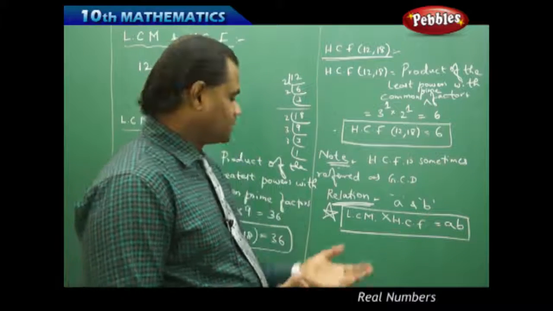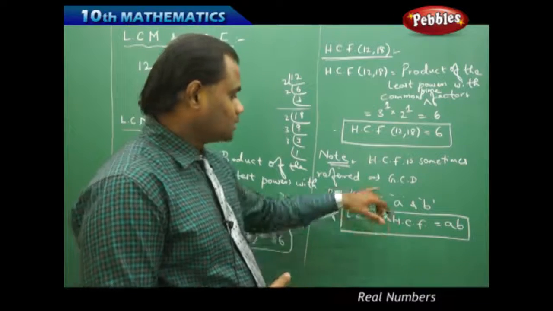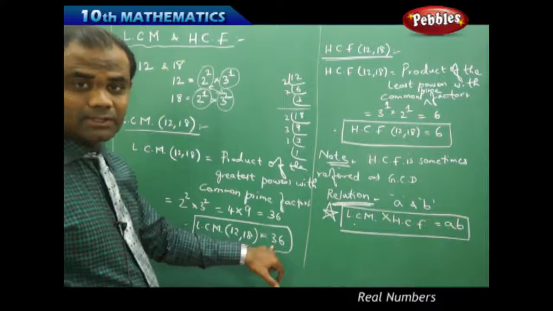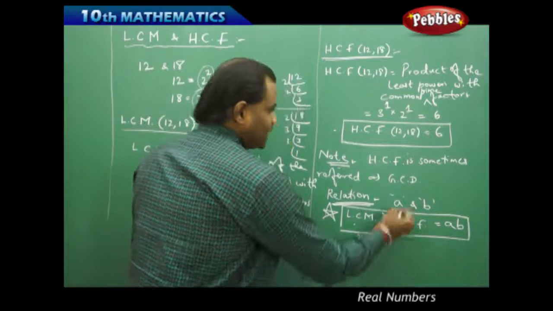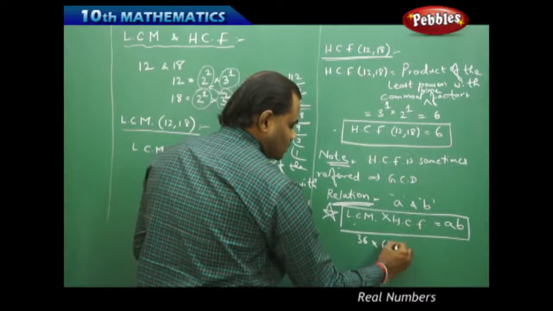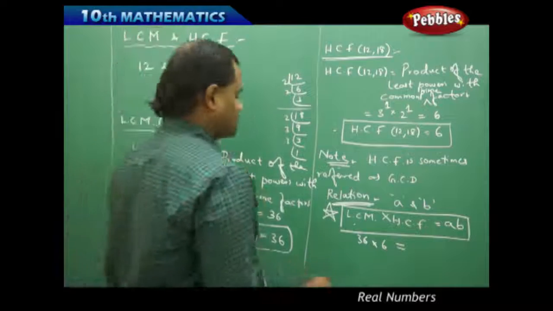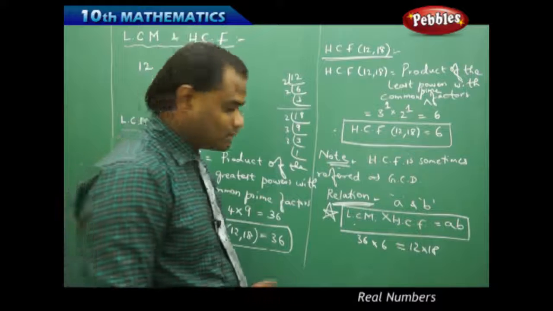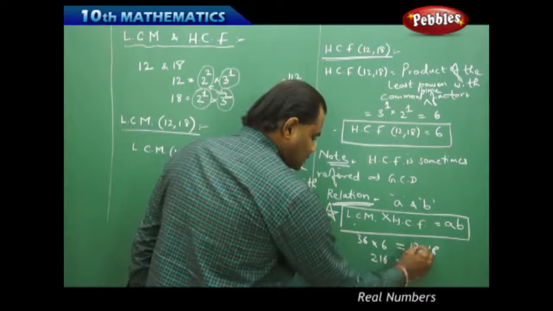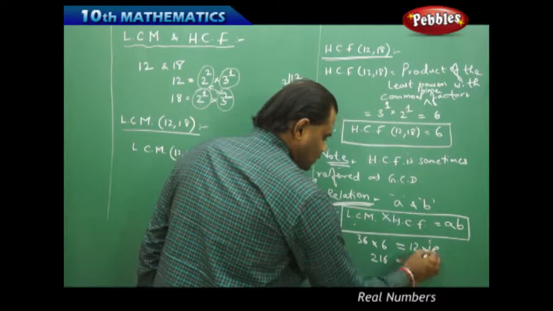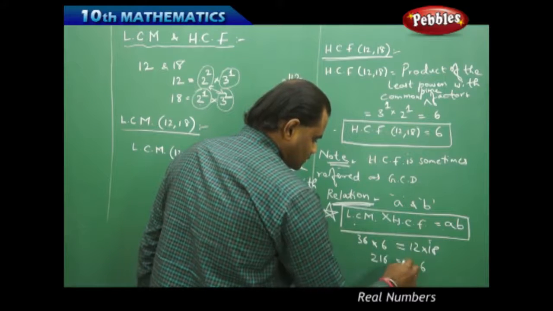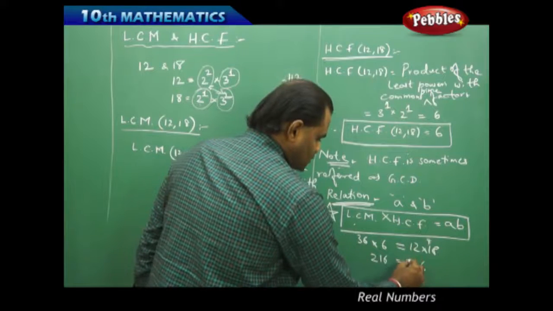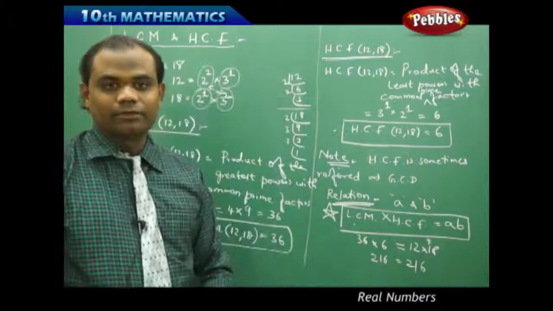Let's see if this verifies for any two numbers A and B. As I already found the LCM of 12 and 18 to be 36, then 36 times the HCF, which is 6, must be equal to the product of the numbers, which is 12 times 18. 36 multiplied by 6 is 216, and 12 eights are 96, 12 ones are 12, giving 216, which is clearly true.